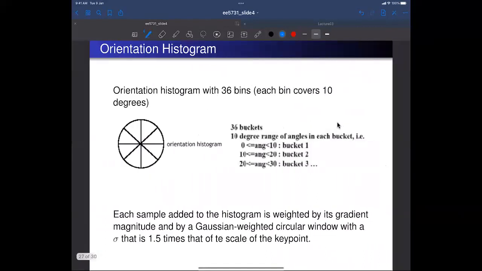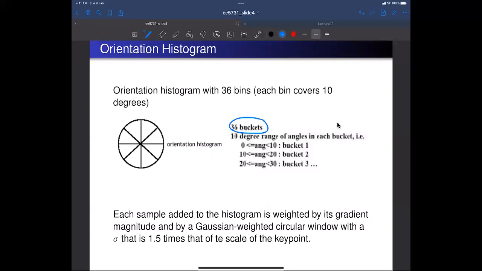And then here you have to create a histogram. The histogram has 36 buckets or 36 bins. So it's not 8, but 36. That means the range of one bin is what? 10 degrees. 0 to 9, 10 to 19, 20 to 29, and so on.